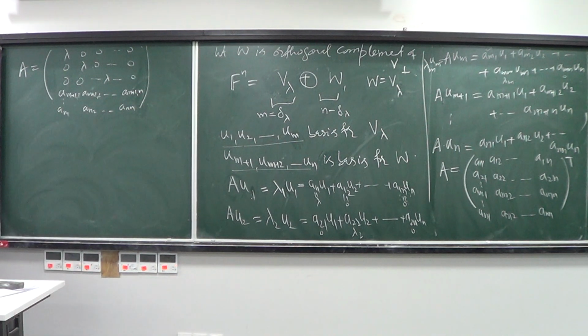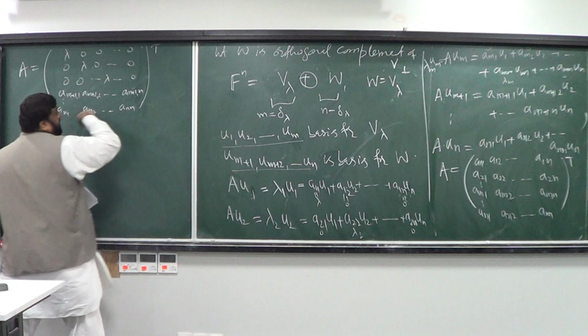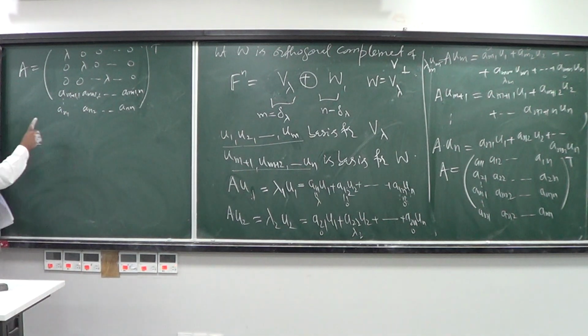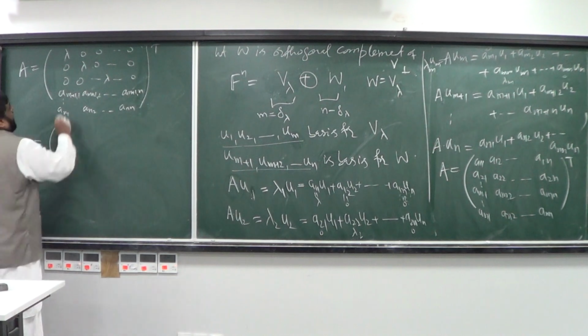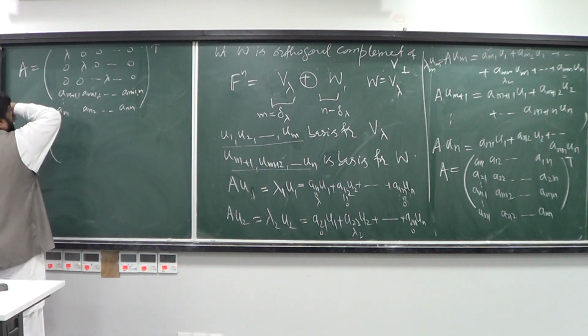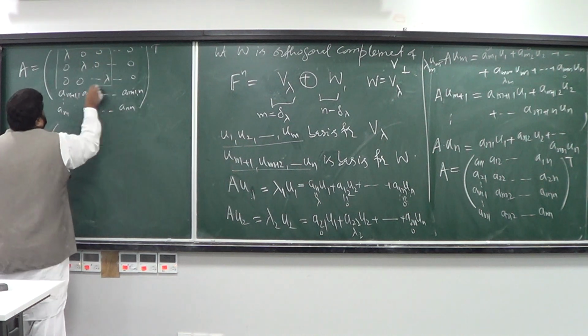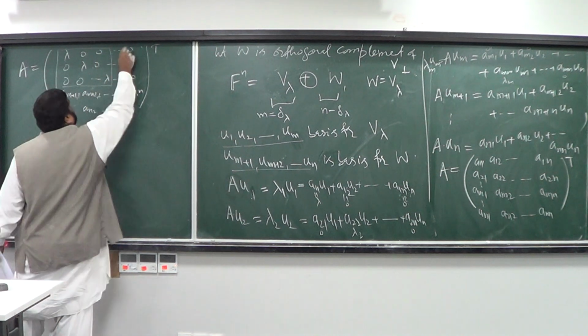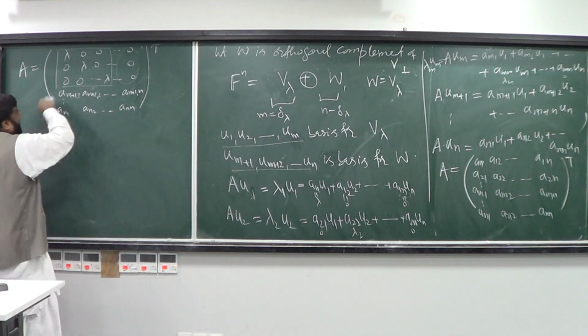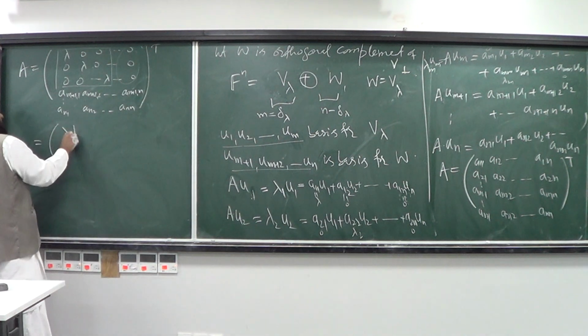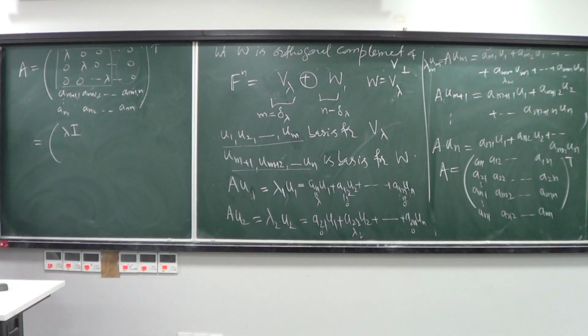Now let me write this in the block matrix form. What would be the block matrix form of this matrix? If you treat this block up to m as one matrix, and all of these are zeros, this matrix can be written as lambda I, where I is the identity matrix.